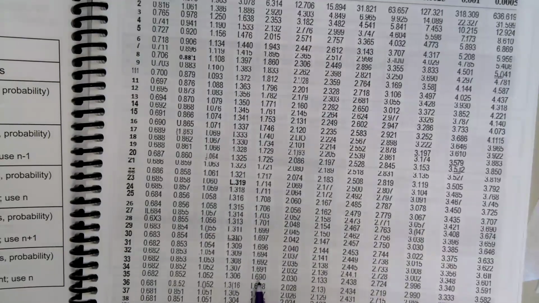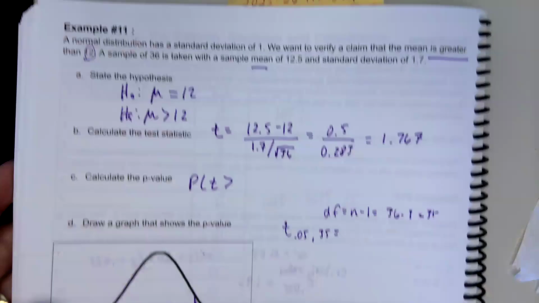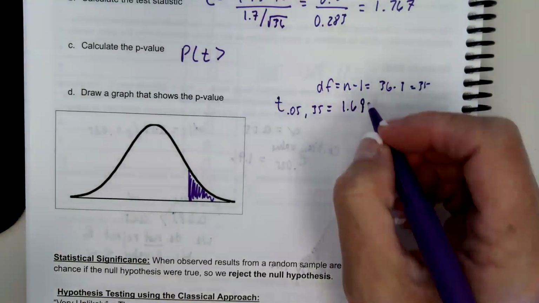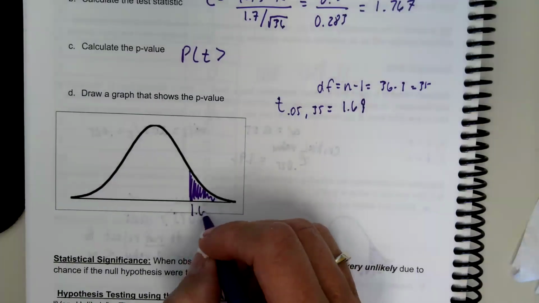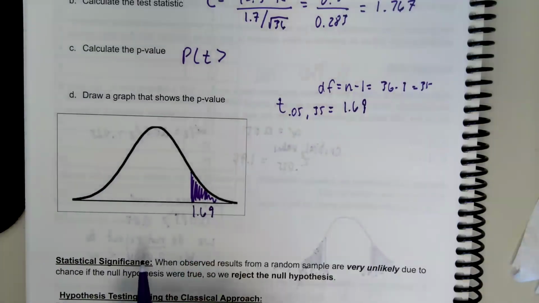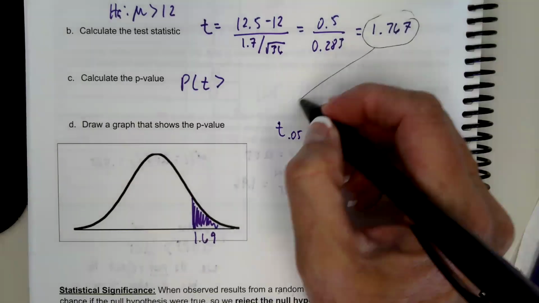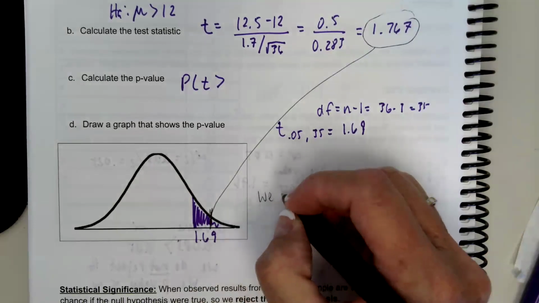So it's 1.69. So the danger zone is 1.69. And we're going to calculate a p-value, but I want to show you that our test statistic is in the danger zone. So we are in the danger zone.